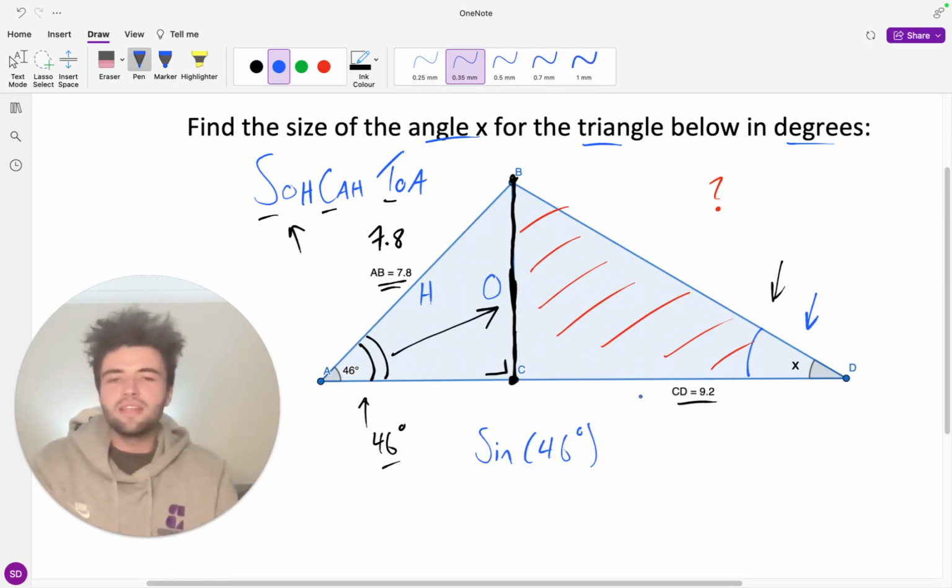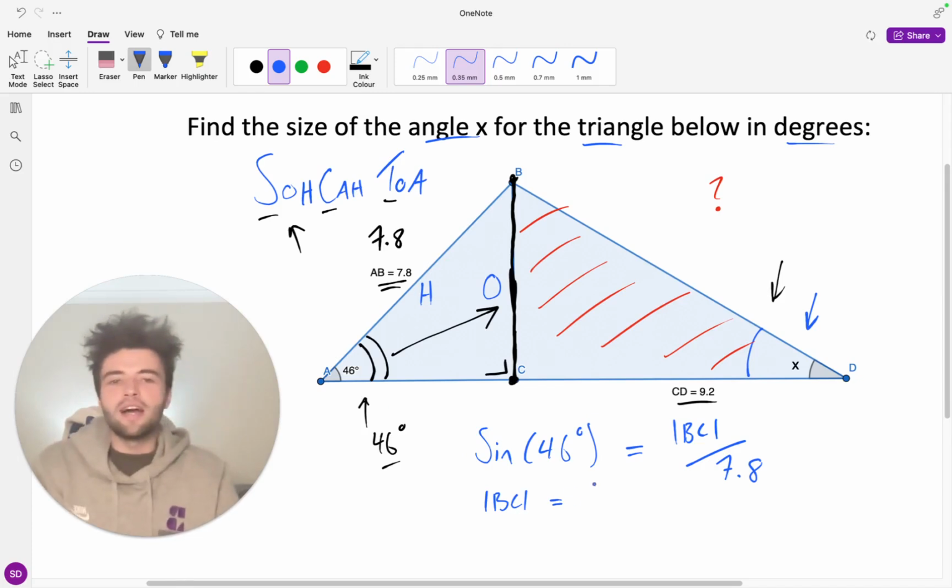And so we set up this equation using sine 46 degrees. It's going to be sine 46 degrees on the left hand side, and on the right hand side we have this unknown length for our opposite. We're just going to call that BC because that is the name of the line, between the vertices B and C, so we're not going to reinvent the wheel on that one. That's our unknown side, and our hypotenuse, of course, is going to be 7.8.